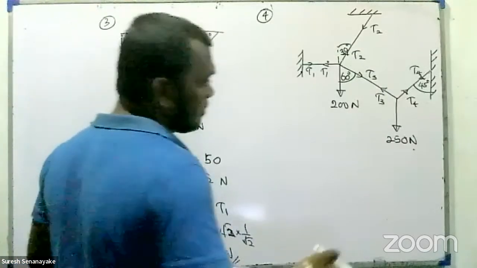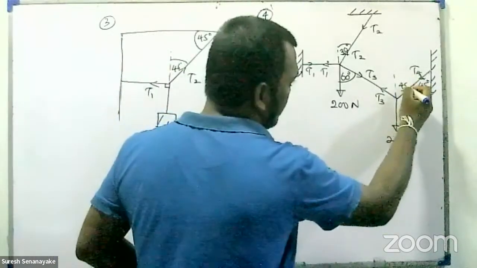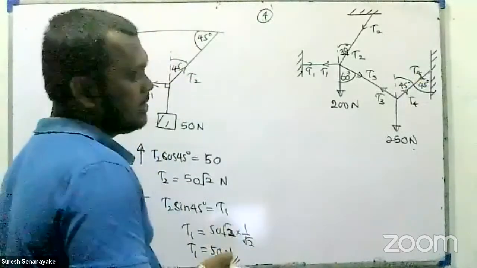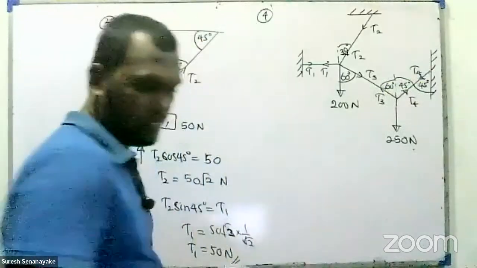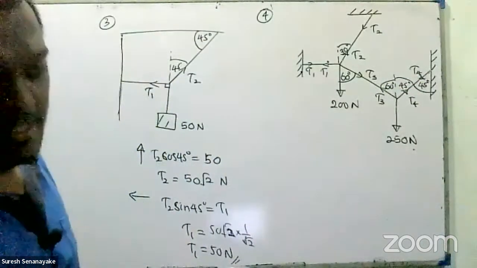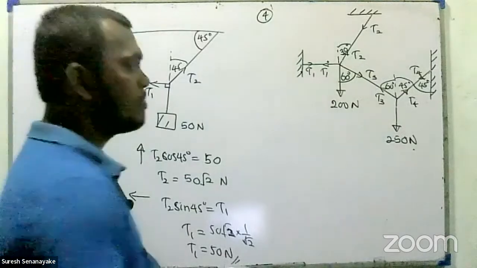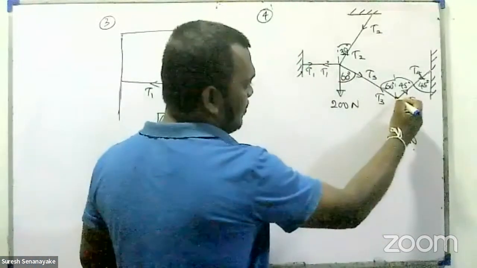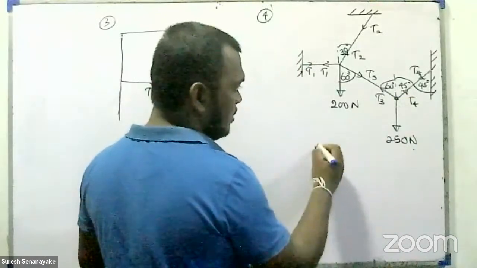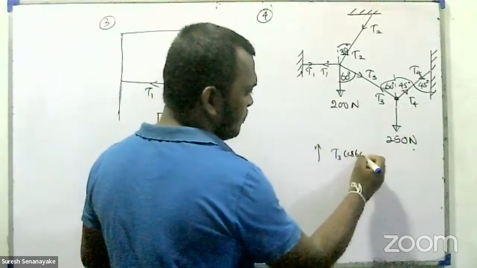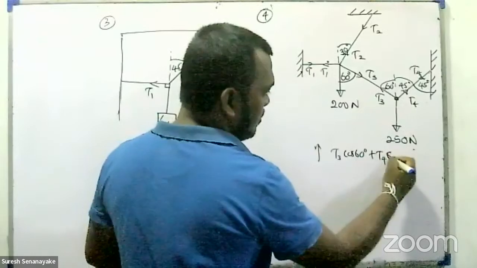Right. This is 45 because of 45 angle. This is 60 and this is also 60. For the equilibrium of this point, you can see T3 in the direction of 60 plus T4 in the direction of 45.